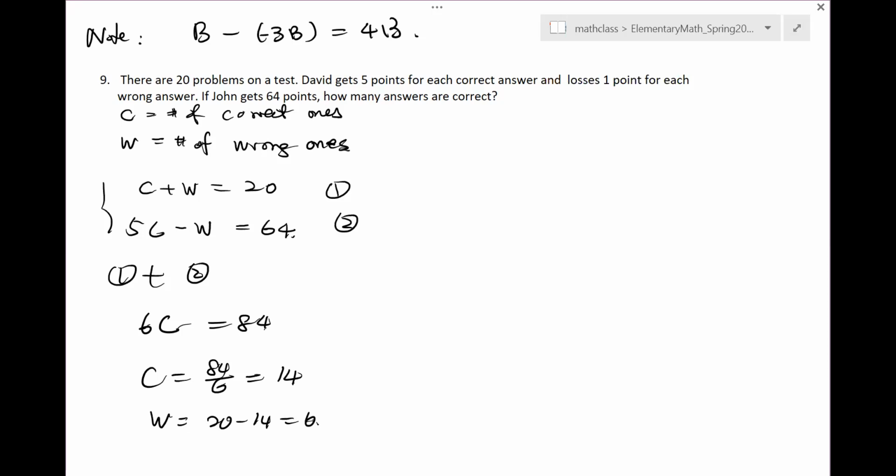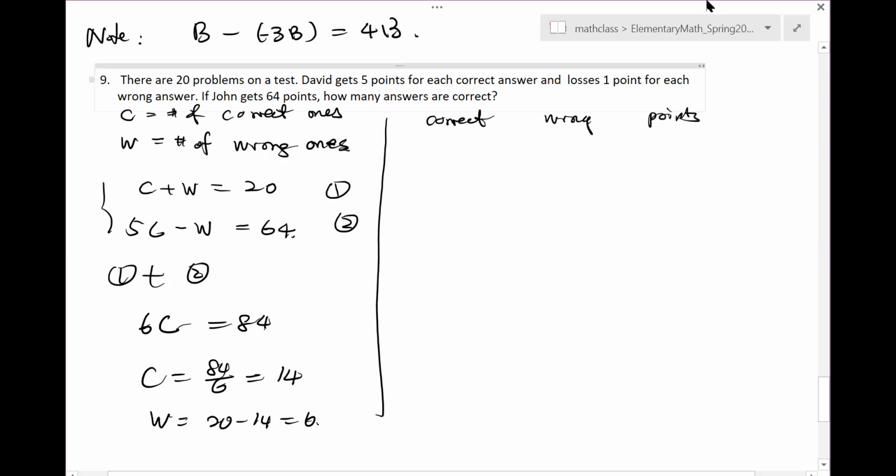So this is the chart: correct, wrong, and then the points you're going to receive, right? If they're all 20 correct, you'll receive 100 points.